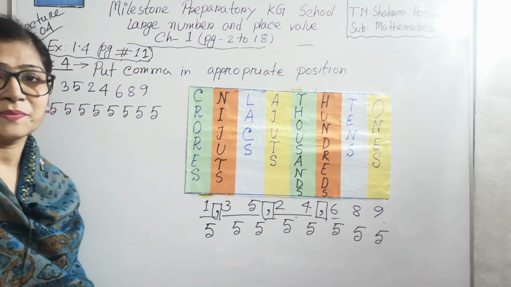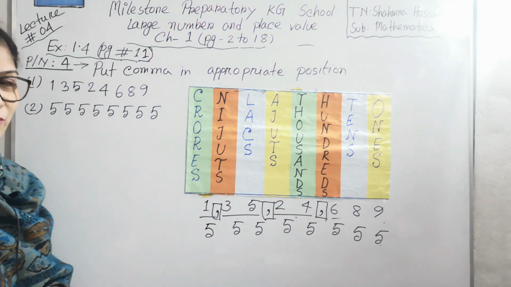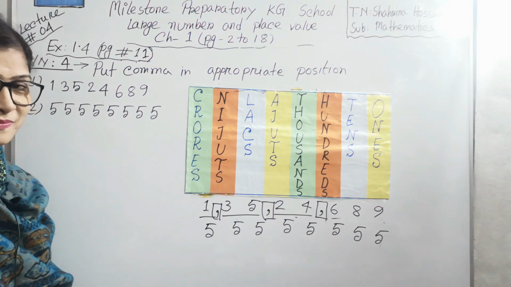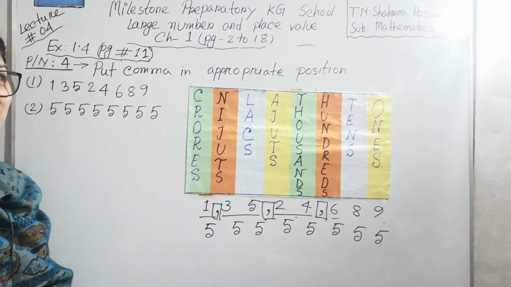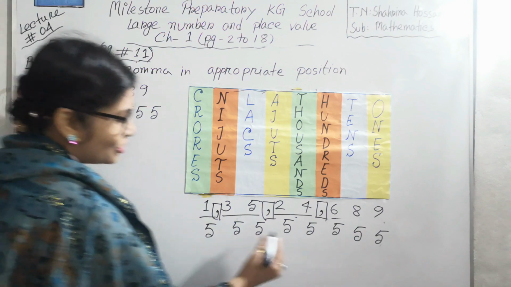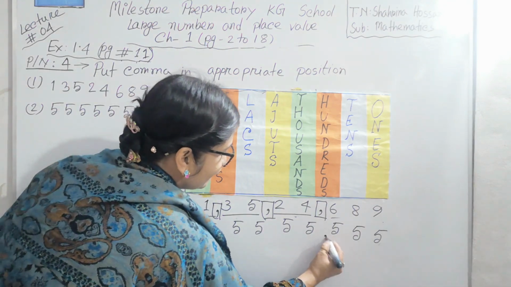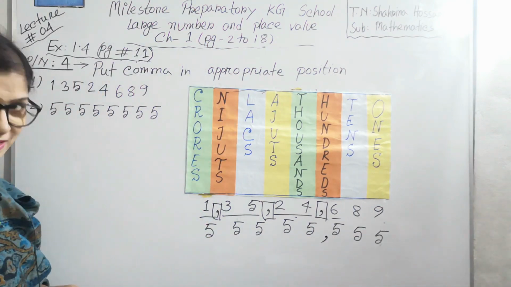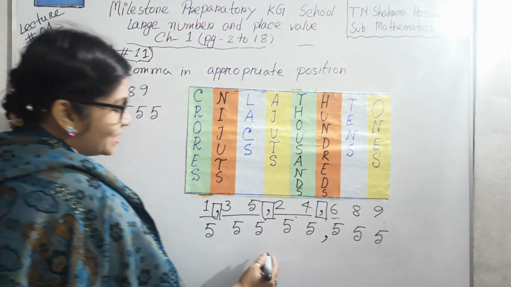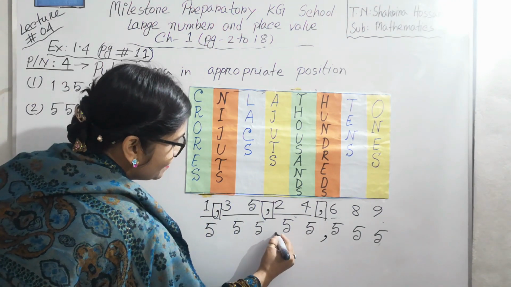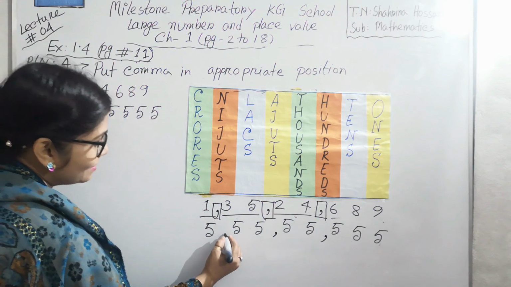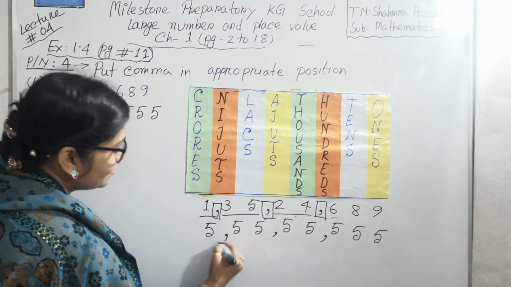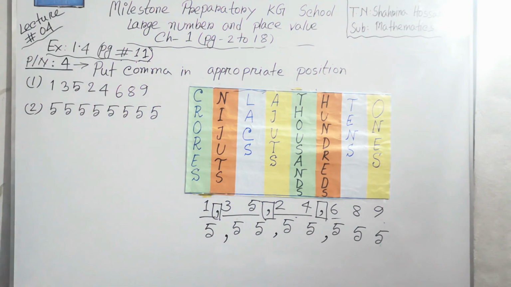Can you tell me where I put the first comma? Yes, you are right. The first comma is here after 3 digits, after three 5s. Then the second comma here and the third comma on that side. By this way we can write the answer.